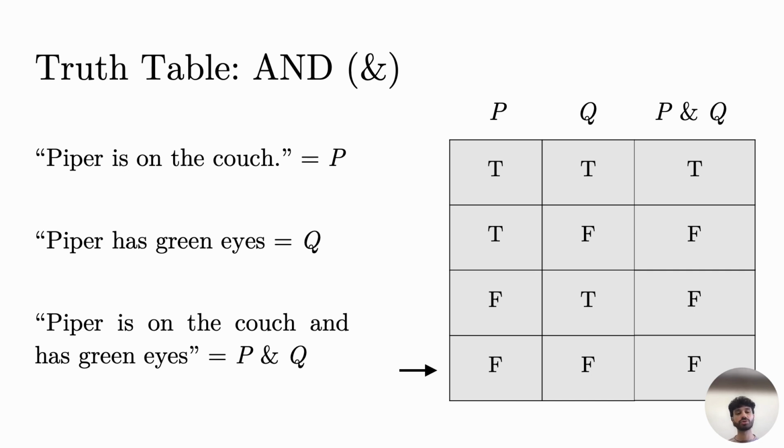In other words, it's true only when each simple statement that composes the complex statement is true. In all the other cases, the conjunction is false.